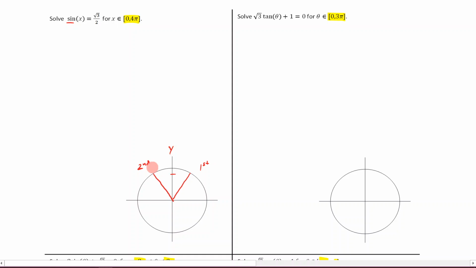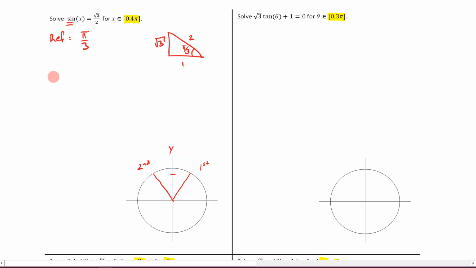Then I'm going to find what my reference angle is going to be. To find my reference angle, you might like to use your special triangle, like this. This is 2, this is 1, this is the square root of 3. Because I'm dealing with sine, it's opposite over hypotenuse, which means I'm looking right here at pi on 3. So pi on 3 is going to be my reference angle.